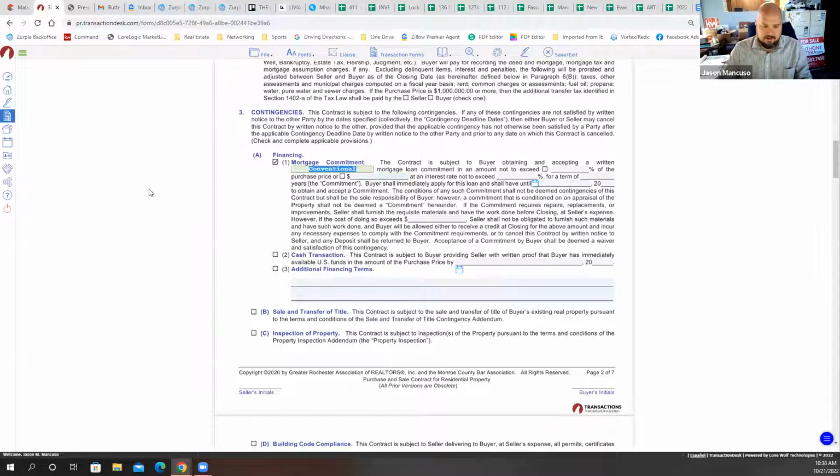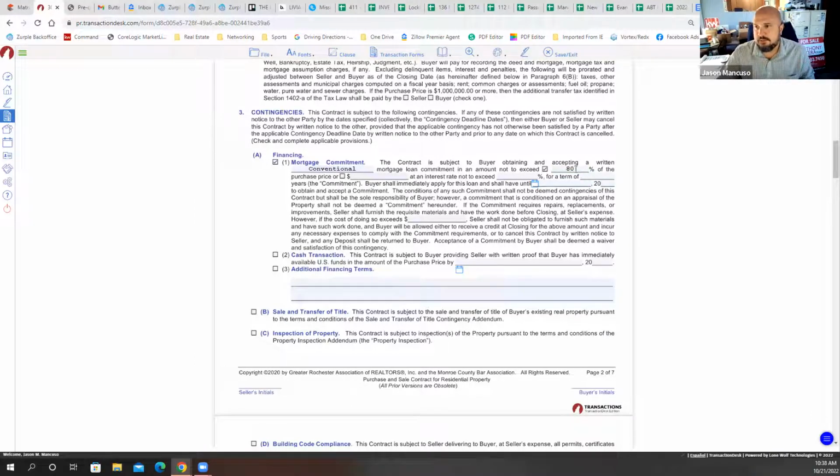If it were FHA, you would just put FHA or VA, whatever loan product they have. But we're going conventional loan commitment in an amount not to exceed blank percentage of the purchase price. So they're doing 20% down, and the loan is not to exceed 80% of the purchase price.